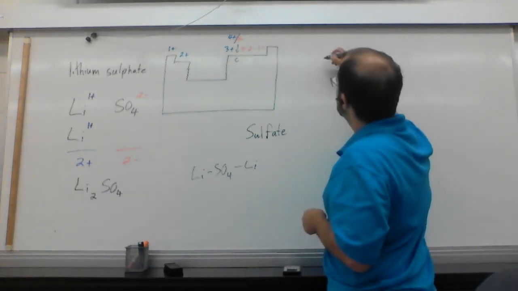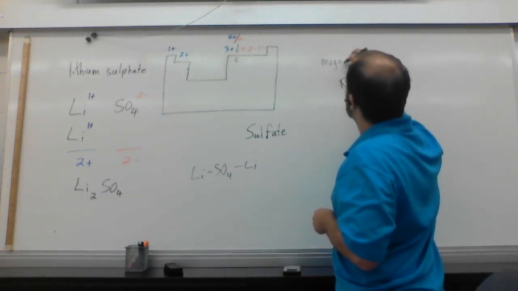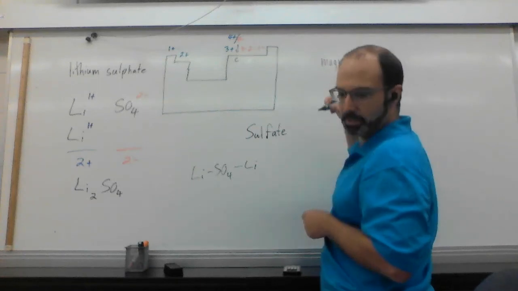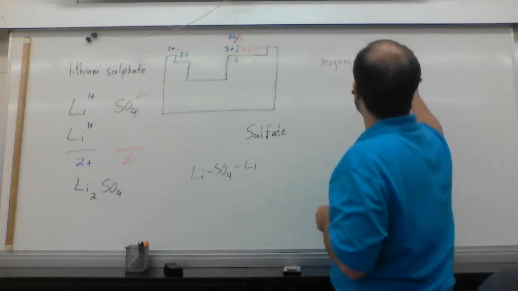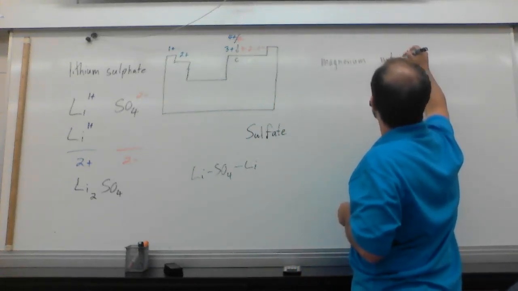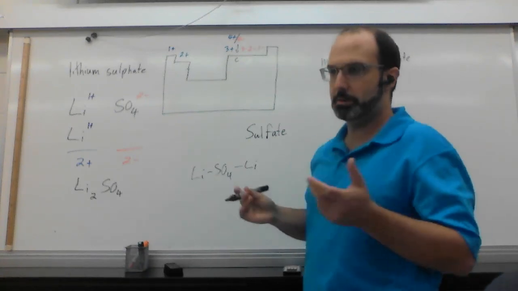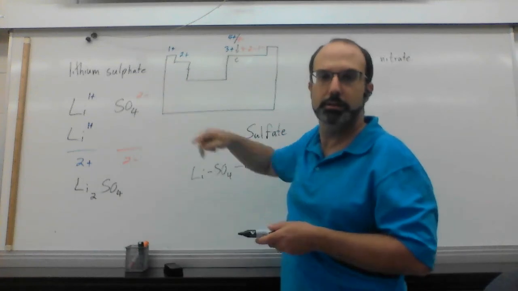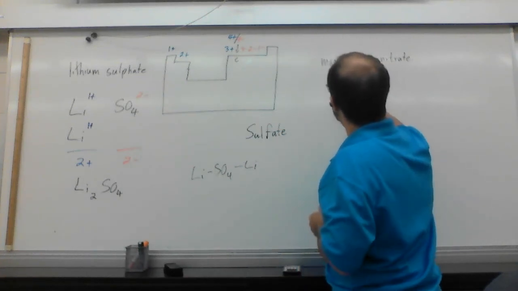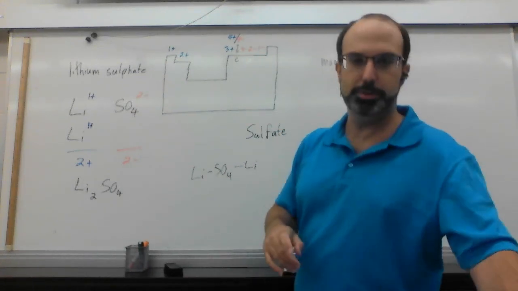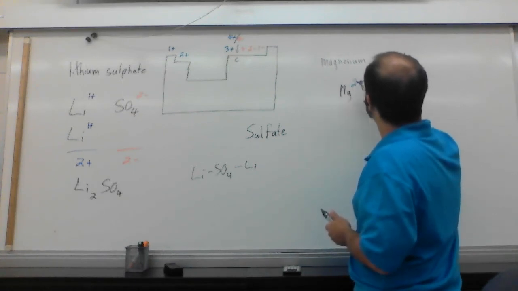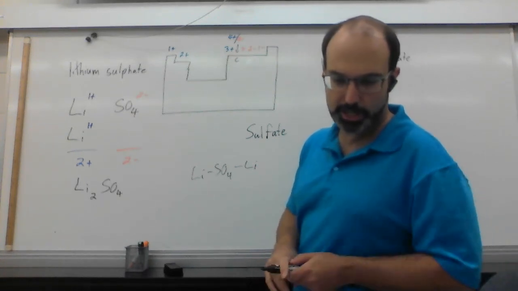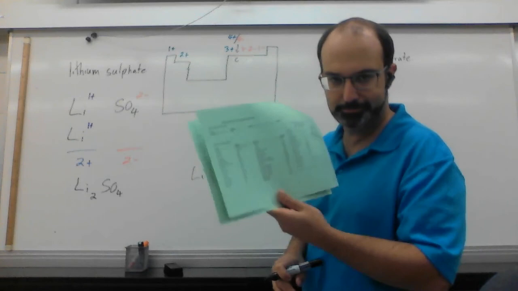The next one is magnesium nitrate. Okay, magnesium. That's about there, I think. It's in the 2+ category. So we got Mg, it's 2+, and then we look up nitrate. Nitrate, we of course check here.